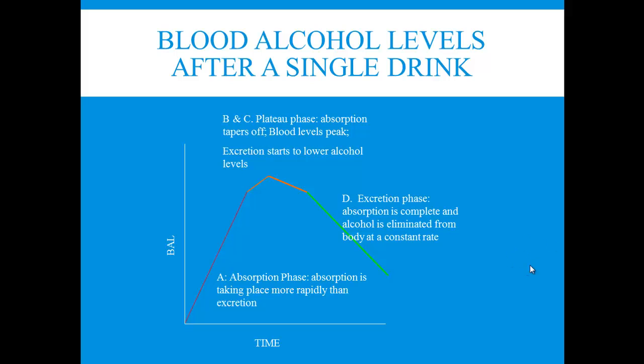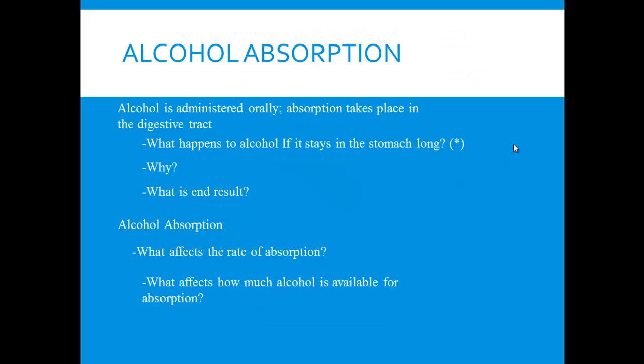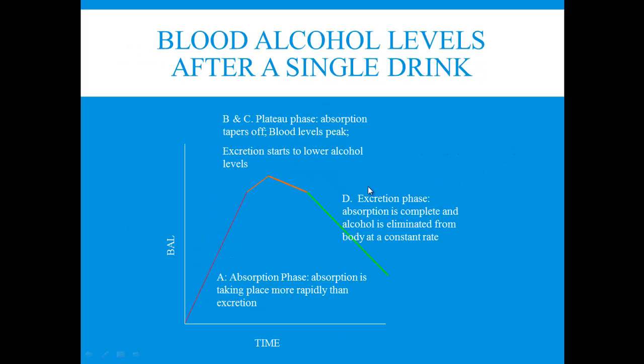So we're going to look here at this portion of the curve, this is the absorption phase. When the individual just starts drinking, the alcohol is being absorbed into the bloodstream.